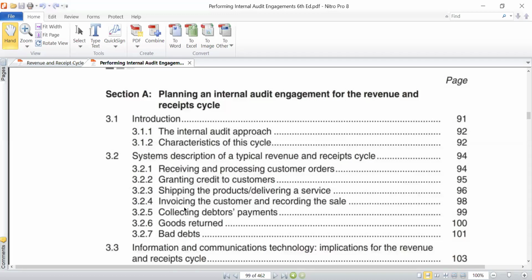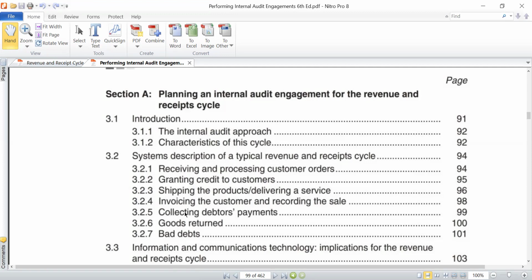Fourth stage in the cycle has to do with invoicing the customer and also recording the sales in your accounting records, right? Then followed, of course, by collecting debtors' payments. So after you have invoiced the customers for the service or for the product that you have offered to them, you need to then initiate the collection of payments.